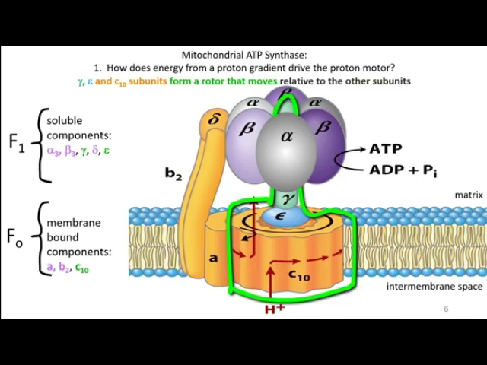And the gamma rotor that sticks up in between the alpha and beta subunits is asymmetric. And so that means that as the rotor turns, the alpha and beta subunits are being distorted in a cyclic way. So at one time, the alpha subunit is distorted. Then as it turns, the next alpha subunit is distorted. As it turns, the next alpha subunit is distorted. So there's a repeating cycle.